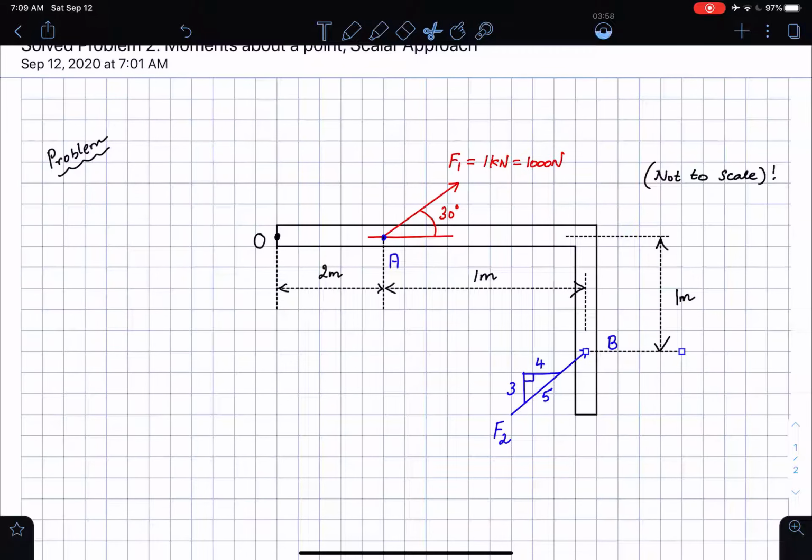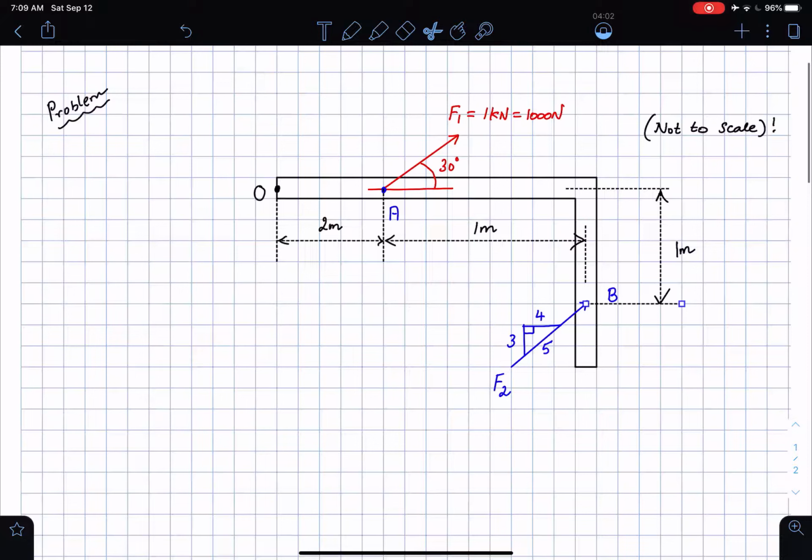Alright, so here is the situation that you're given. Now, you're told the following. This is an interesting problem. You're told that the resultant moment due to these forces about the point O is 0.